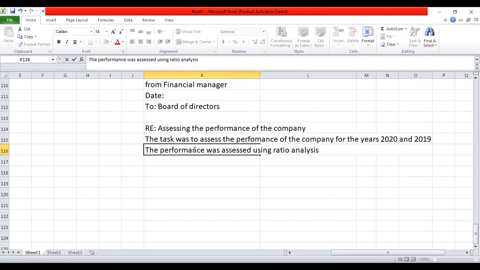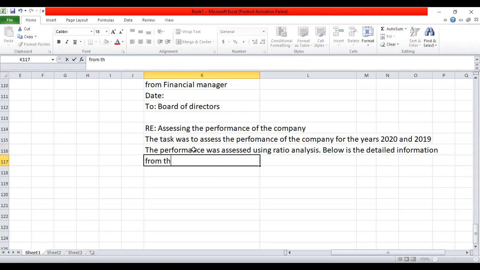And below is the detailed information from the analysis. A simple introduction.